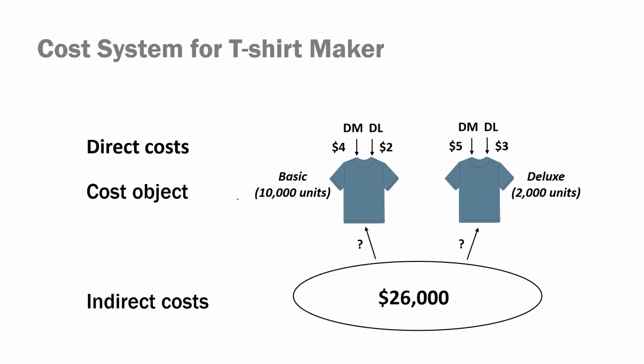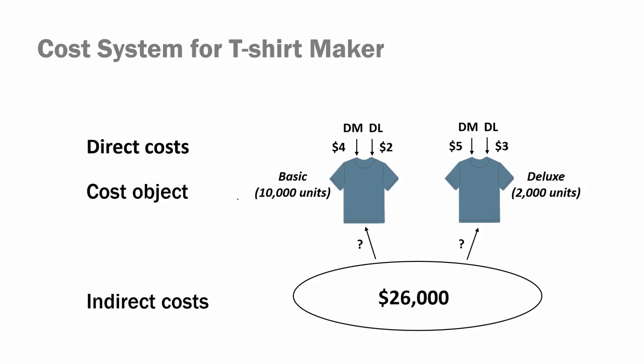Let's say $26,000 in additional manufacturing costs that it can't trace easily to those shirts. But to make good decisions, the managers really need to know how much of the indirect manufacturing costs are associated with each type of t-shirt. But we can't easily trace them to those products. So what do we do? Well, we find a way to allocate that $26,000 to those products.